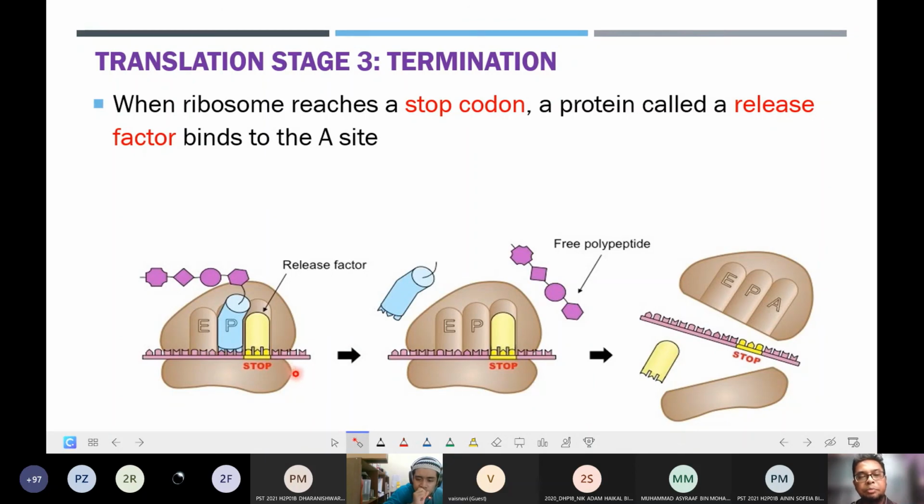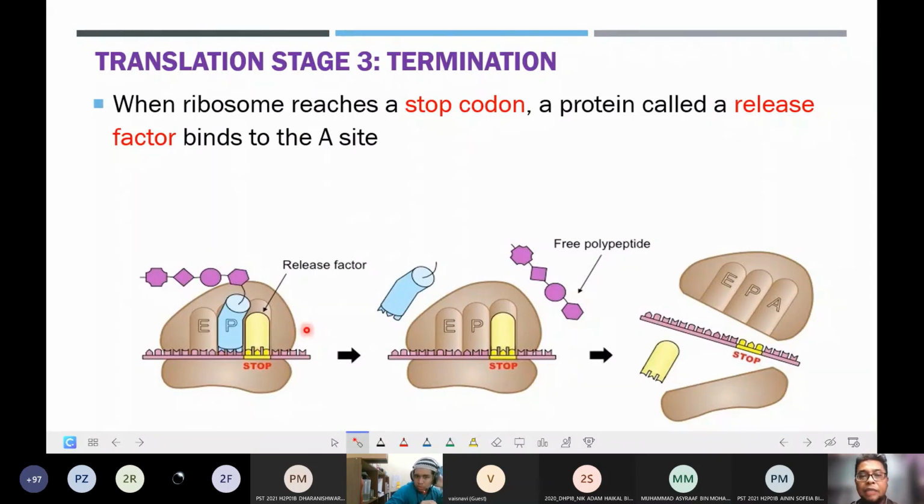If the ribosome reaches the stop codon, there will be no tRNA that recognizes the codon at the A site, because no tRNA recognizes the stop codons. Instead, a protein known as a release factor will bind to the codon at the A site.